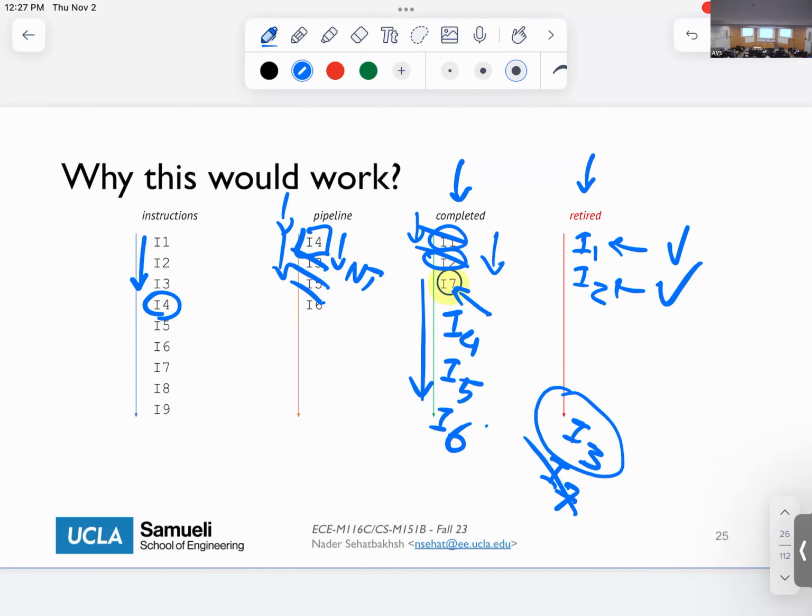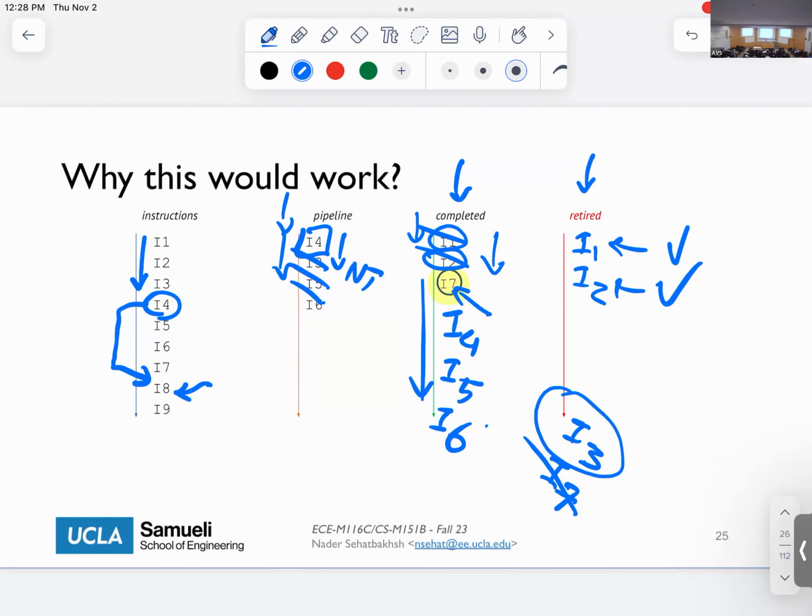So the question is, if we have a branch like this, and I8 is an instruction that eventually gets into the retire stage, how do you know that I5 is not retired?